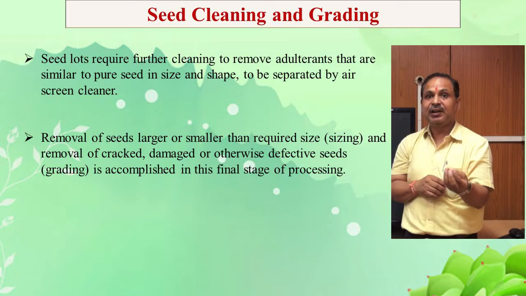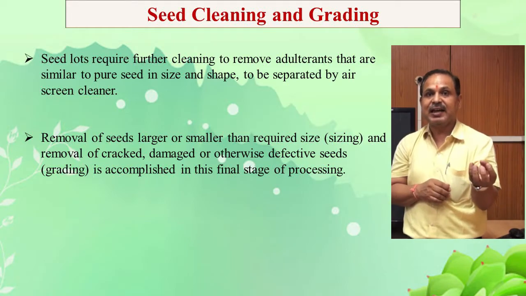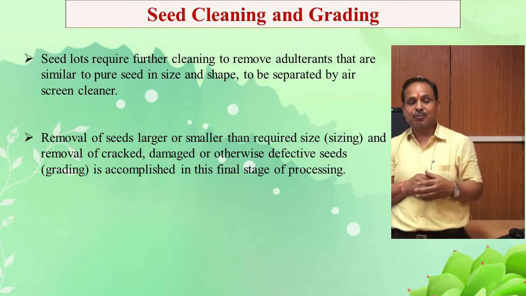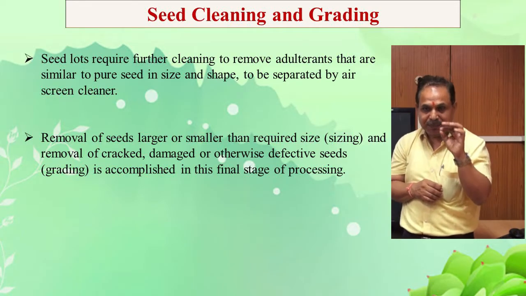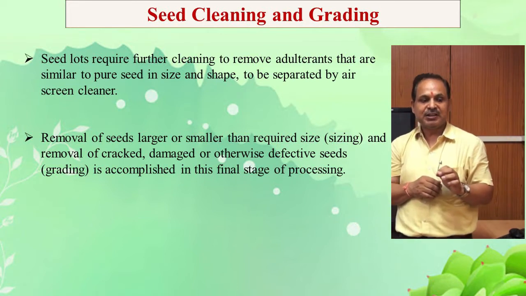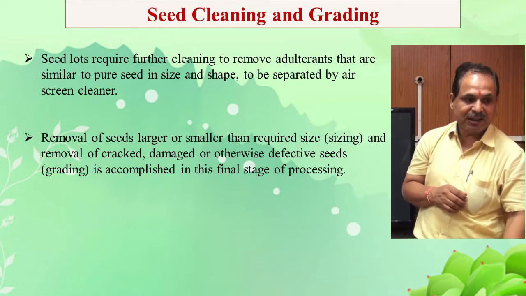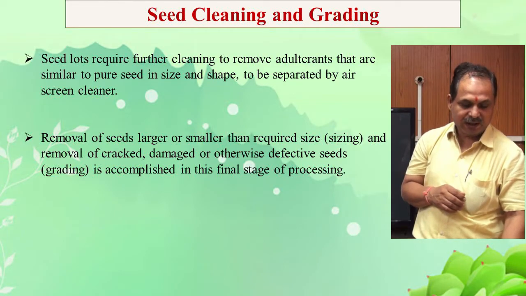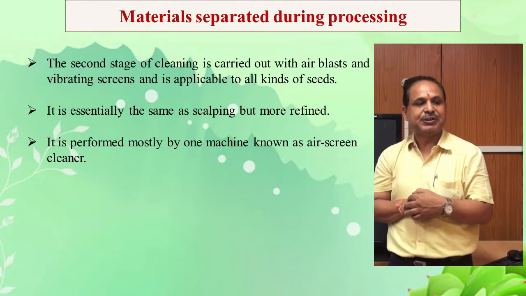So the 40 gram tuber size is the standard size for growing good commercial crops. So based on this, keeping this in mind, the larger or smaller seeds can be separated at the final stage of processing.